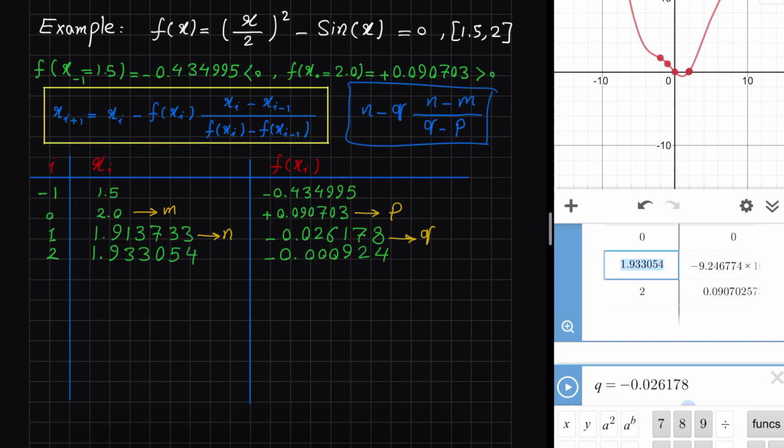So we can see that our f(x) is getting smaller, it's approaching 0.